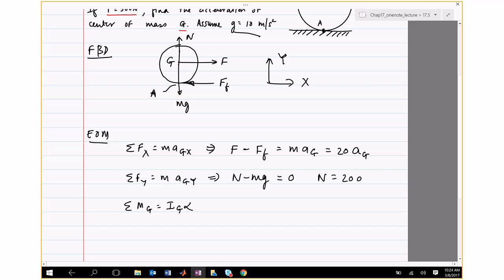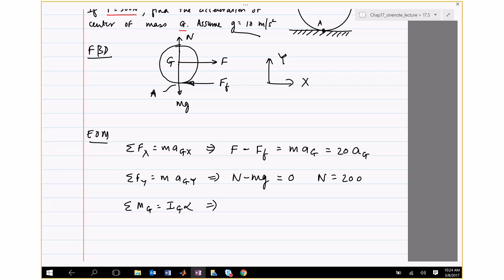So this is all the external moments about G due to external forces. The external forces on the body are mg, N, F, and Ff. Now N, F, and mg all pass through G, which means that the net moment at G due to those forces is 0.